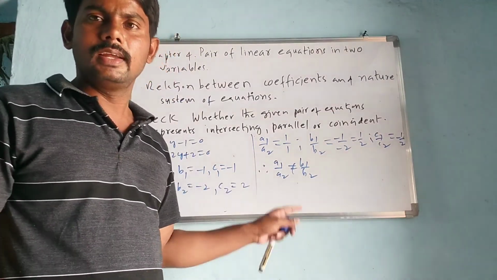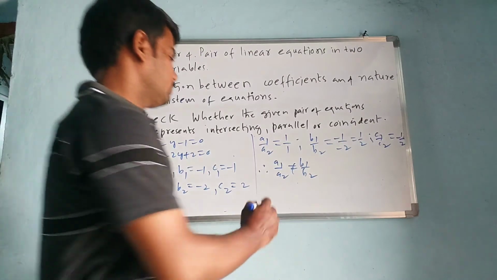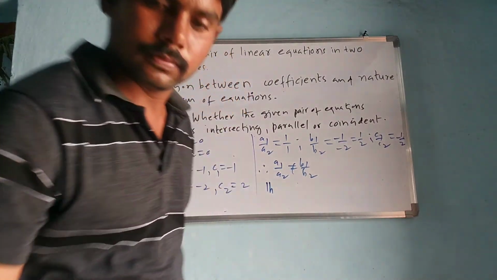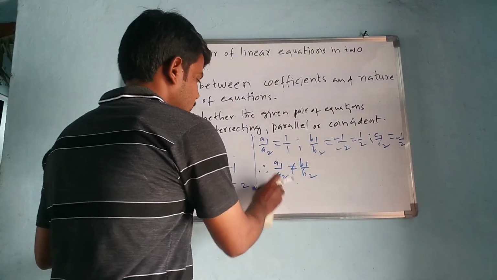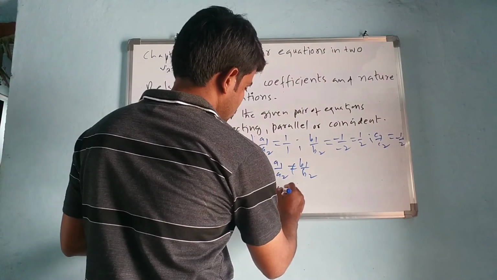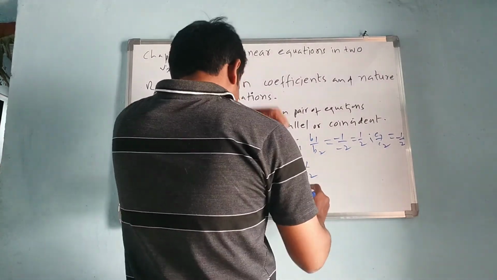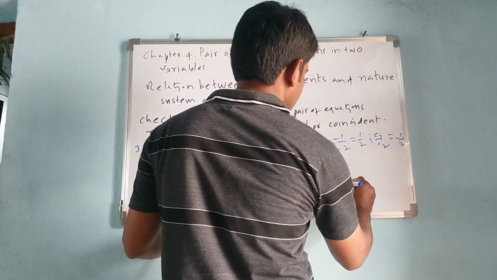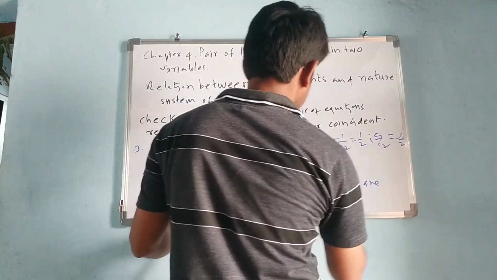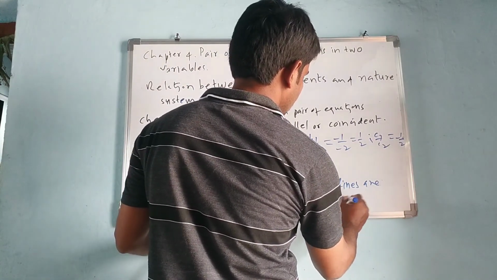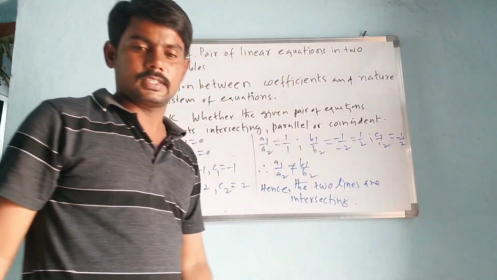The two lines are intersecting at a point. Hence the two lines are intersecting lines.